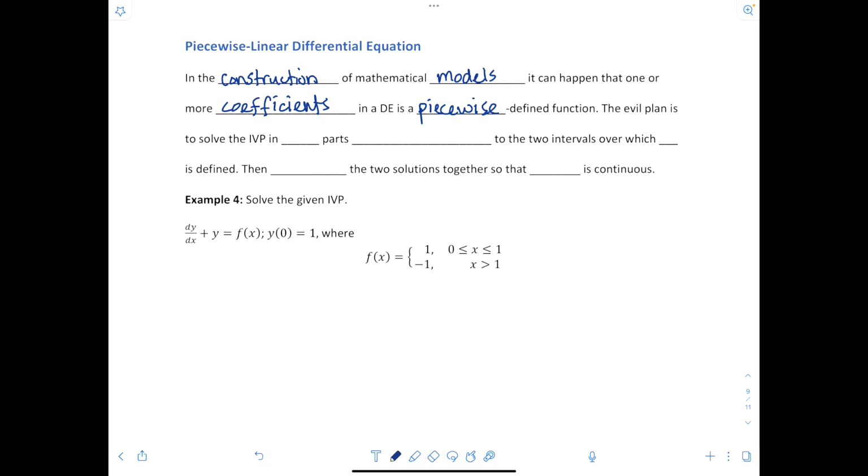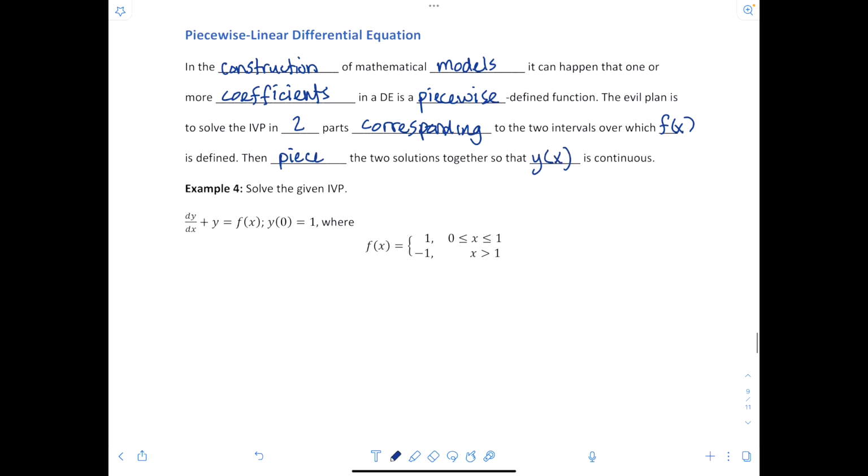So the evil plan is to solve the initial value problem in two parts, corresponding to the two intervals over which f of x is defined. And then you piece the two solutions together so that y of x is continuous.